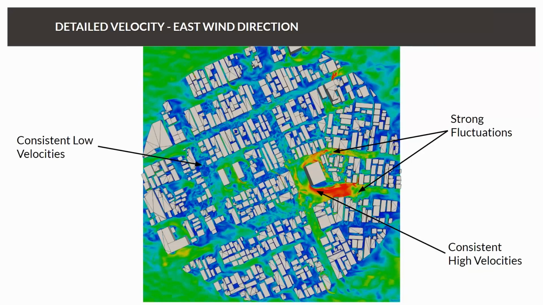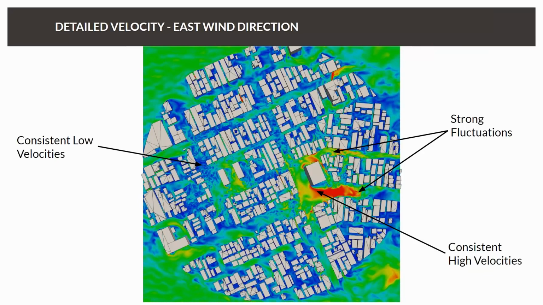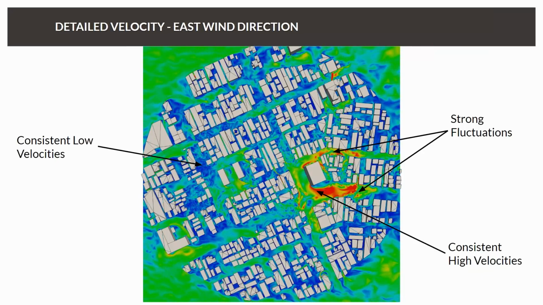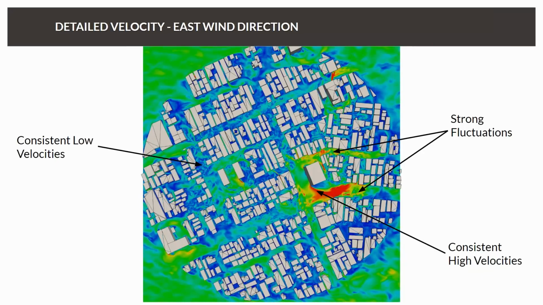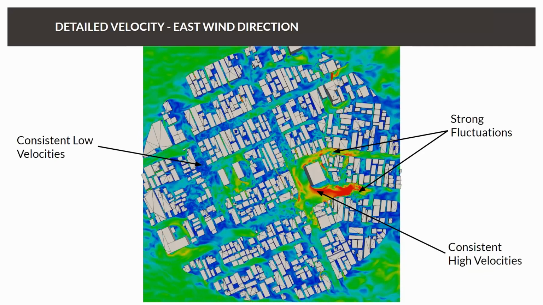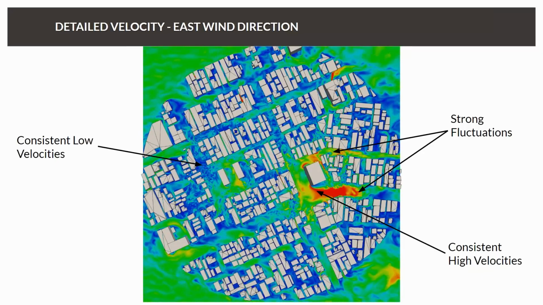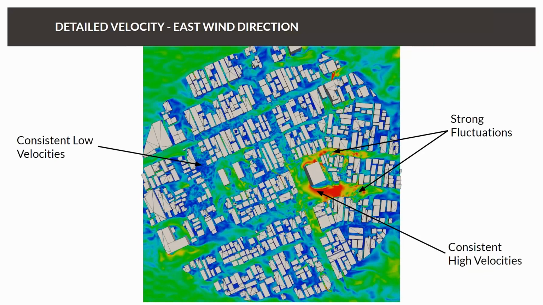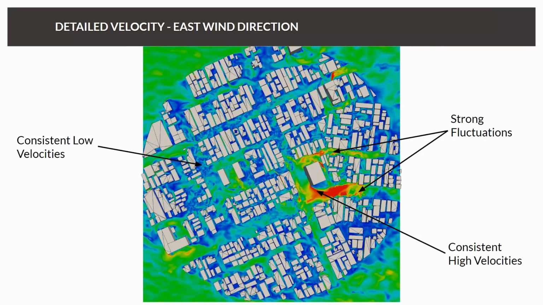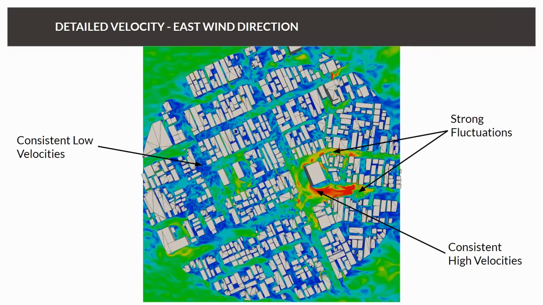The Lattice-Boltzmann solver being transient and being able to pull this much data, we can actually get a 3D or a 2D plot, depending on how much data you want to pull, of your flow going through your city. That's something that we wouldn't be able to do easily with a wind tunnel.